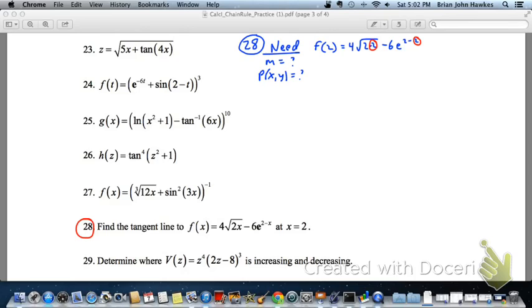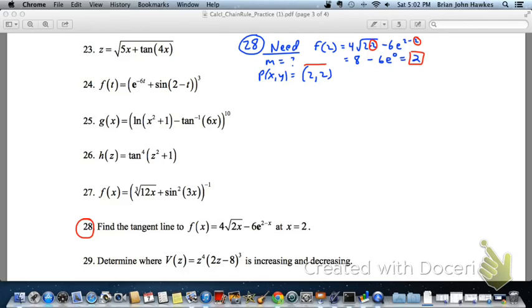Probably a lot of words that you didn't need there, but anyway, 4 times radical 4, so 4 times 2 is 8, and then minus 6 times e to the 0 power. e to the 0 power we know to be 1, and 8 minus 6 is 2, so we have our y coordinate. So we have the point (x, y), and now we know what it is, so we can write that in. The point is (2, 2).